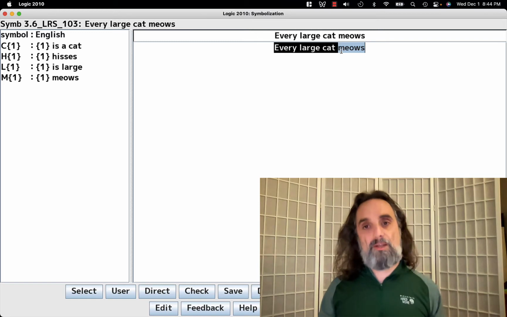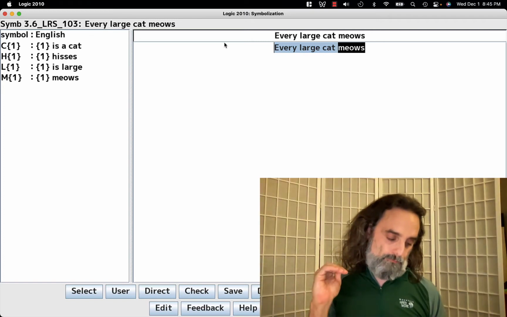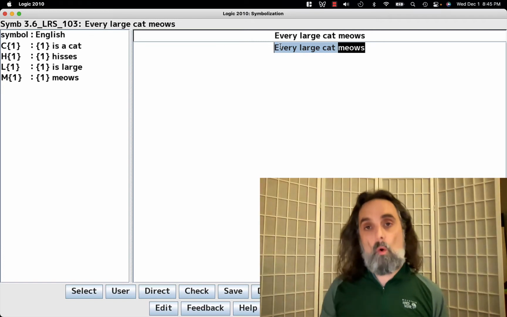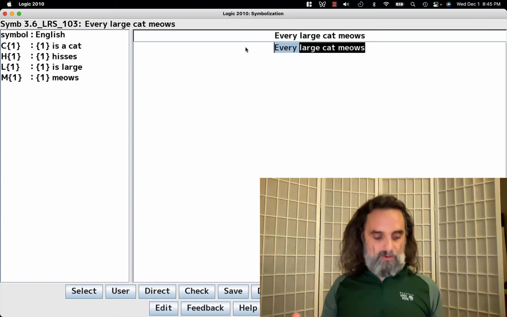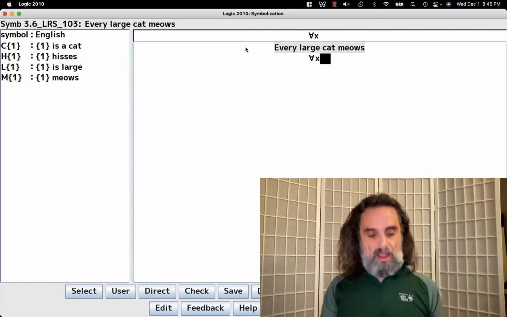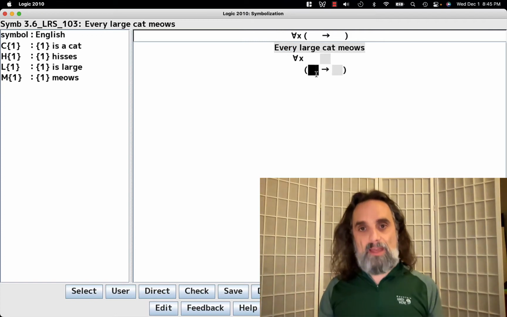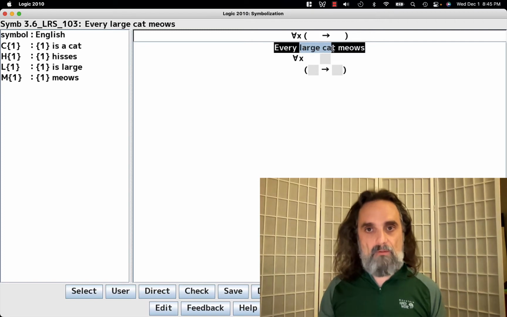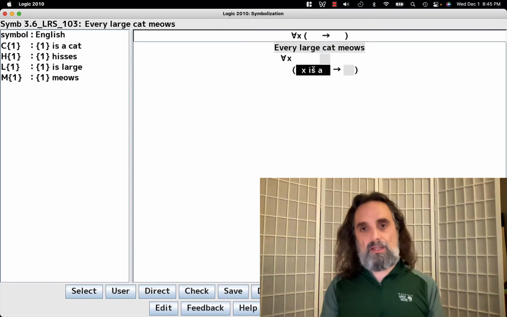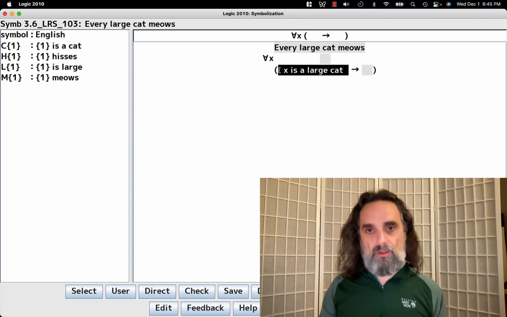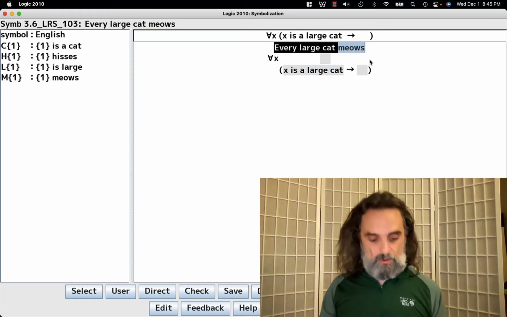So our method says, okay, there's our verb phrase, and there's our quantifier phrase. Then it says, what's the quantity word? And the quantity word is every. So whenever we have an every, we want to put in a universal and then a conditional. And then in the antecedent, we symbolize the noun phrase. So we'll put X is a large cat. Everything that's like this, we'll say is also like that.